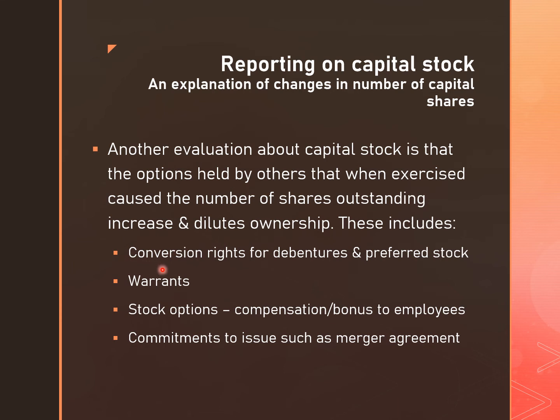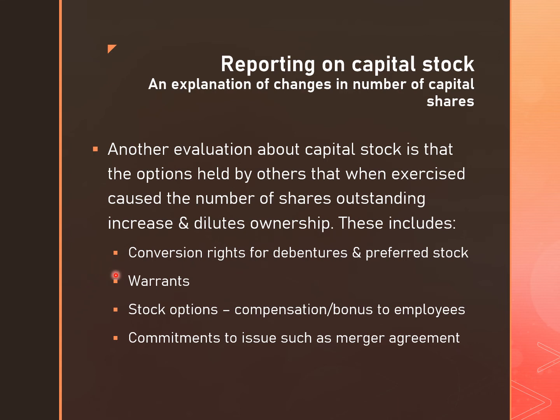So first one adalah the conversion right for debentures. So the rights untuk convert. Bila debenture holder ataupun preference shareholder dia convert dia punya right, dia akan menjadi capital stock lah. Walaupun sekarang benda tu masih lagi dalam bentuk rights, dia belum exercise lagi. Next adalah sama juga warrants, stock option and also the commitment to issues such as merger agreement.